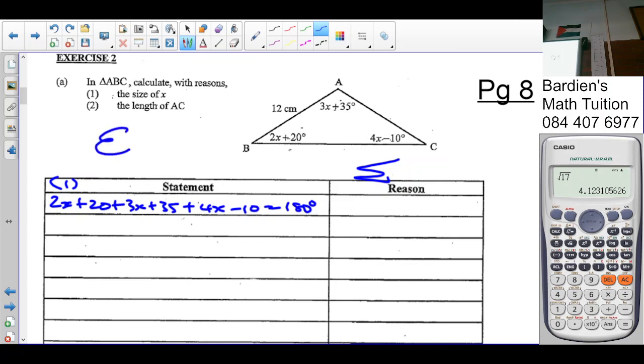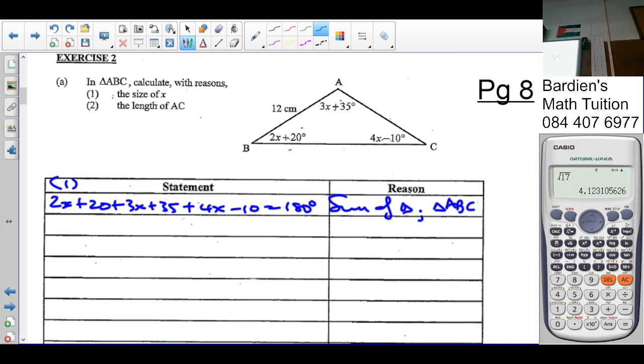That means element, something different. Otherwise you write sum, S-U-M. Sum of triangles, and it's triangle ABC.